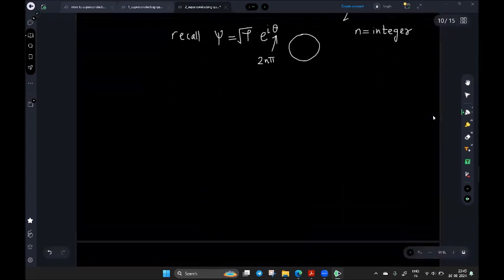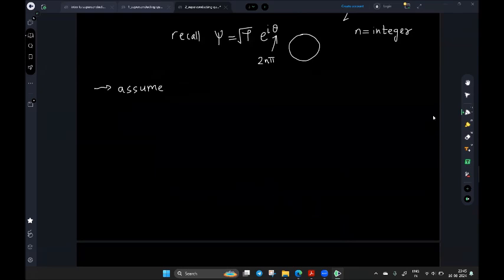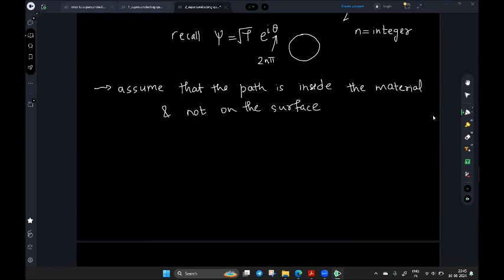Further, I'm going to assume that the path is completely inside the bulk of the superconductor. Just to recall, this is the figure which I drew at the beginning of this video. So I'm assuming that the path goes completely inside the bulk of the superconductor.